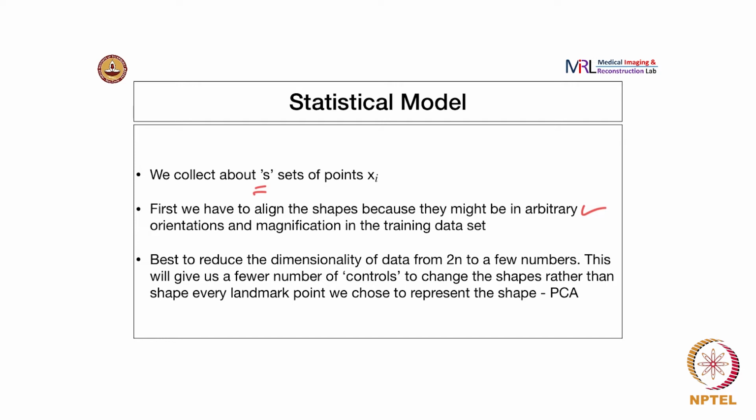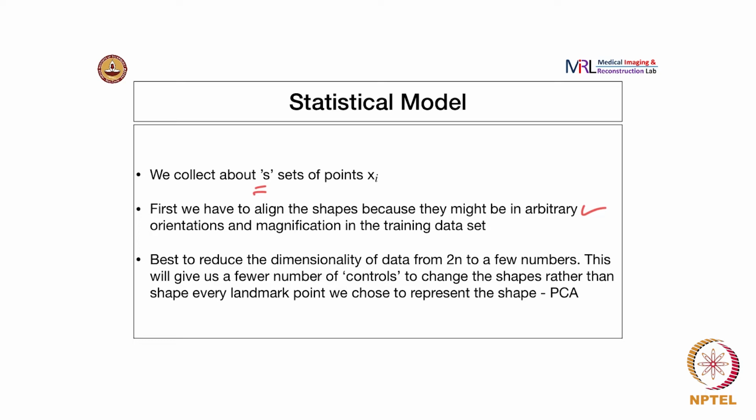But if you want to, let's say, modify the shape a little bit, say you want to deform it a bit, then we have to work on all these n points, or 2n numbers have to be changed. And even if you want to make minor modifications, let's say even if you change one point at a time, maybe you will not be able to express yourself well. So you might have to change a bunch of points at the same time.